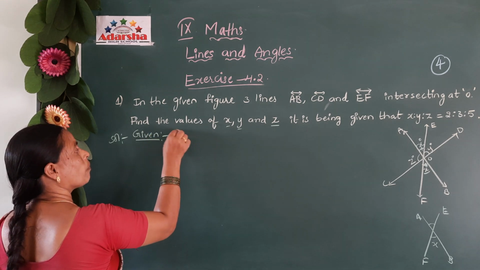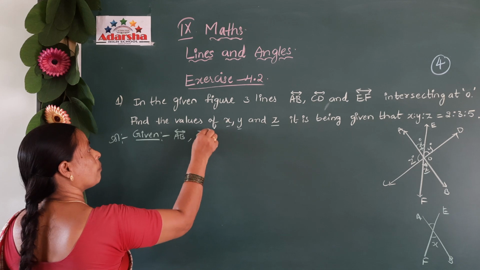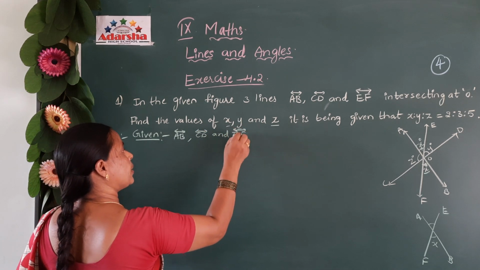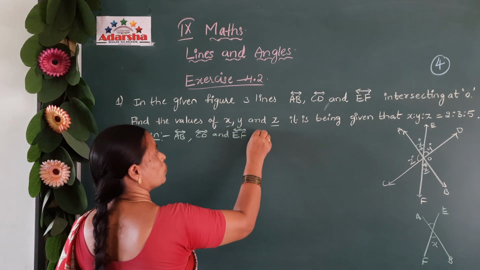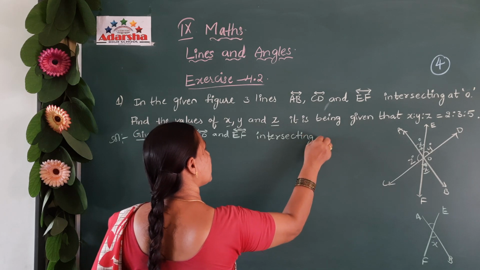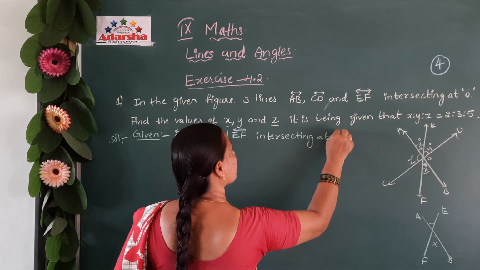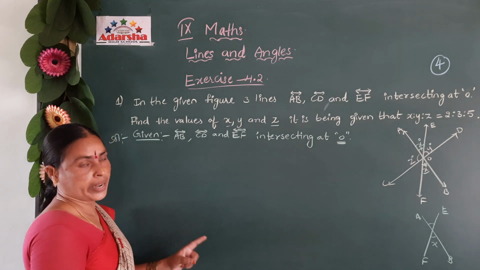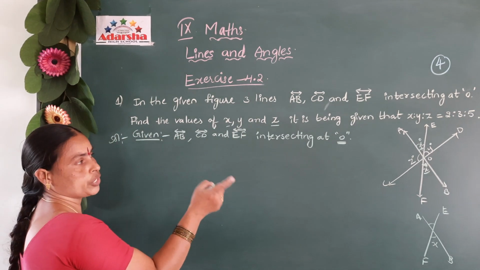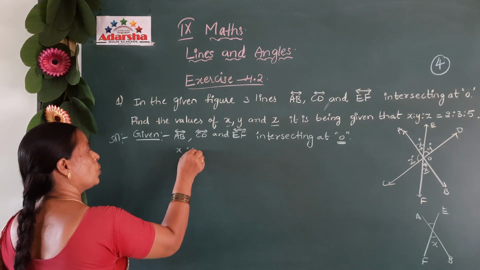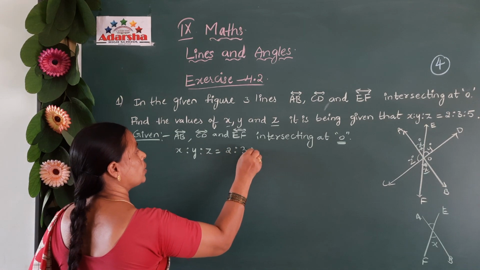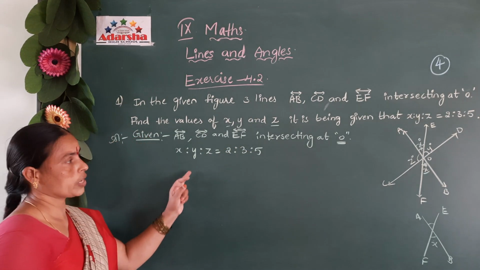AB, CD and EF intersecting at point O. These are the three lines intersecting at point O. And the ratio of x : y : z is also given: x : y : z = 2 : 3 : 5. They have given this also in the question.